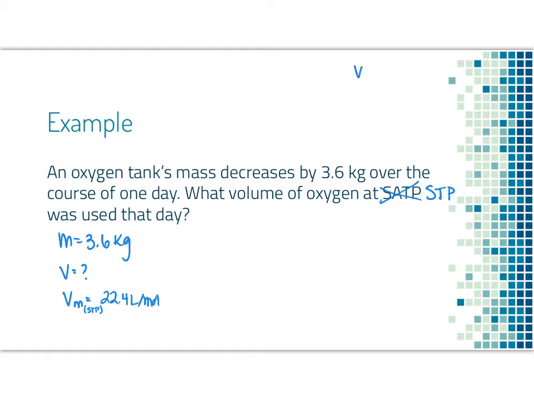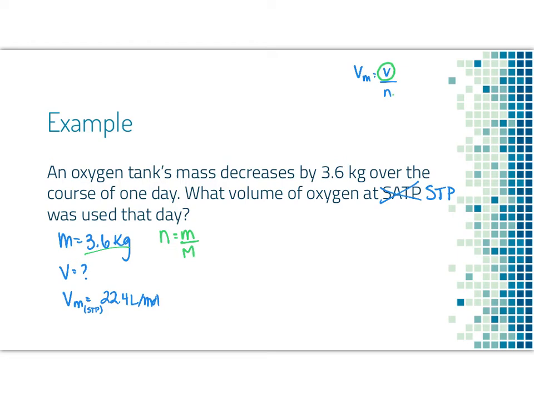Remember that Vm is equal to V over N. In this case, we're being asked to solve for V. So we need to find N. Given that we have mass, we can use our formula that n is equal to little m over big M to find out the number of moles that 3.6 kilograms of oxygen represents.